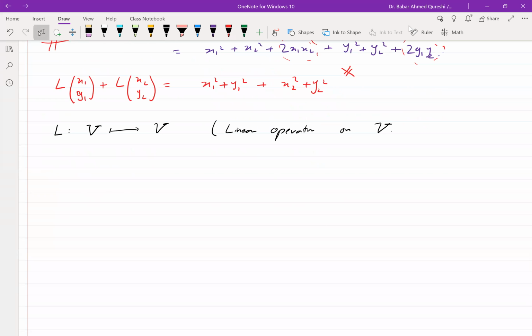So for example, I can take a V and map it to 2V. So if I have a vector, I'm scaling it, making its length double. Now the question is, is it linear?